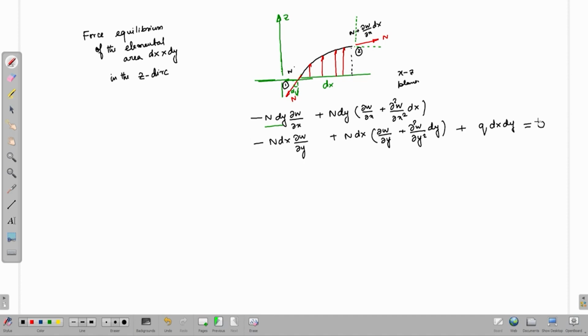Now, if I simplify this, then I will see that this whole equation, because this cancels out with this, cancels out with this.